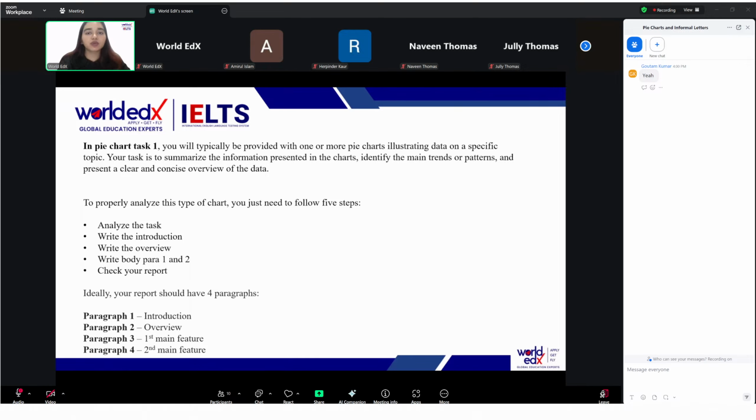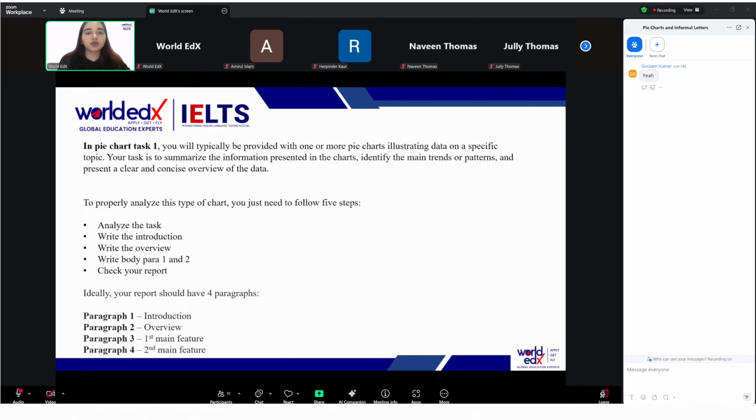Okay. Now here, if you look at the question side, the 2 graphs show the main sources of energy in the US in 1980 and in 1990. Now, even if the question says 2 graphs, you clearly know that it was a pie chart. So instead of writing graph, you can definitely write pie charts because you know the kind of graph it is.